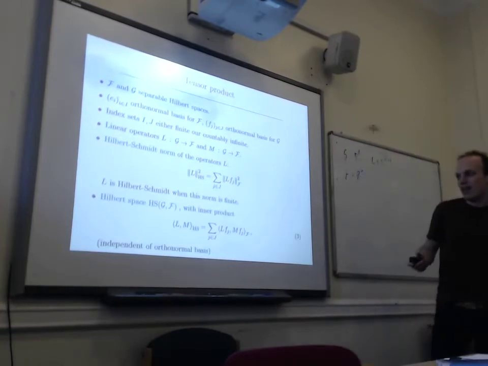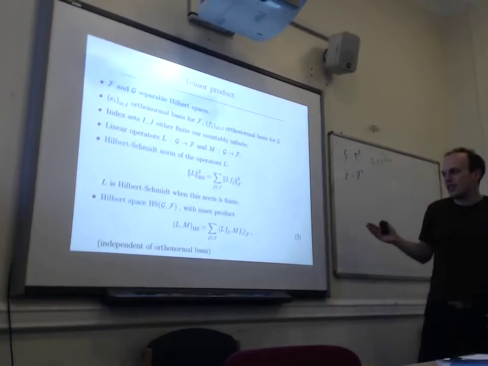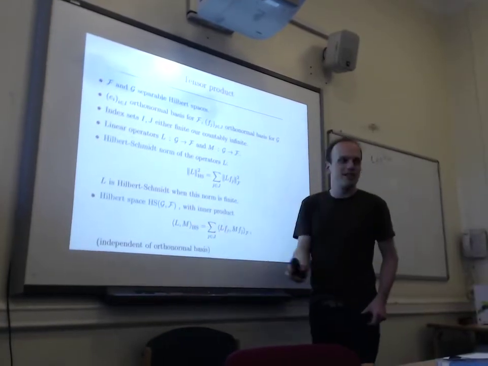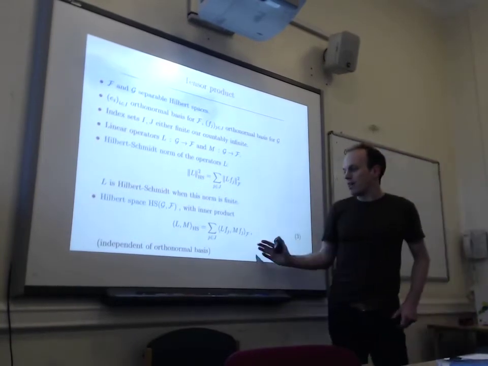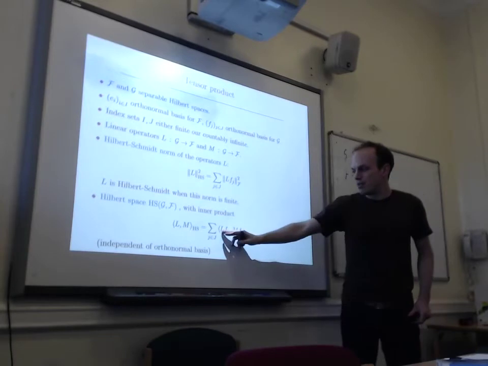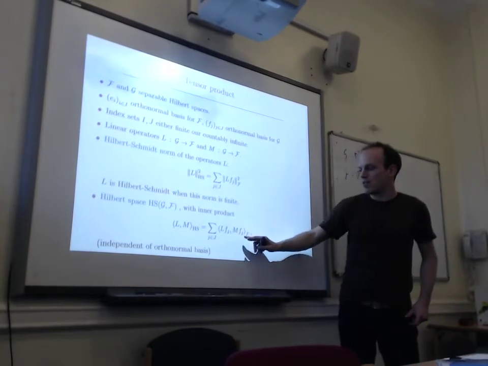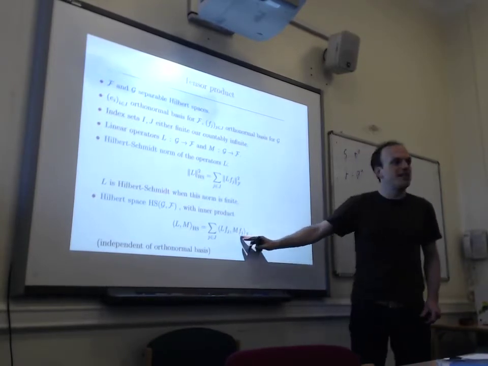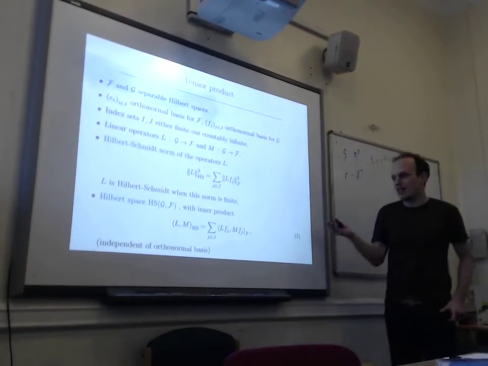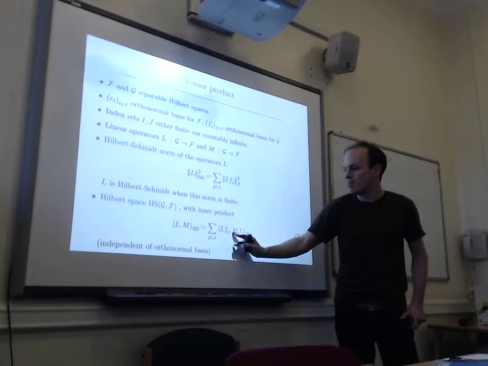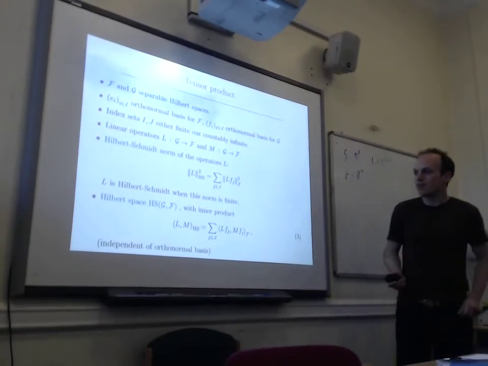Okay? And likewise, you can take the inner product of two such objects. So what's the inner product? Well, you take this matrix, project it on each of the basis vectors, do the same for the other, and then take the standard inner product between these two projections. This is an inner product between these two matrices, okay?